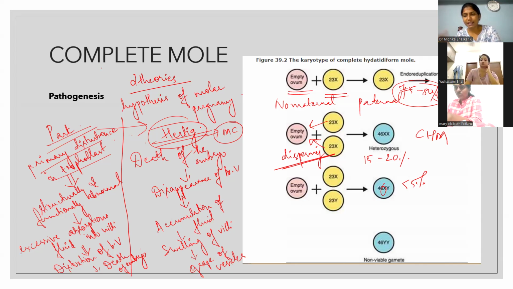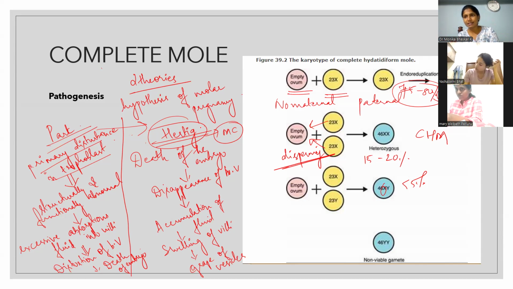But sometimes an empty ovum will be fertilized by two sperms. So there is one sperm, 23X, and a second sperm, either 23X or 23Y. So this causes a heterogeneous picture: 15 to 20% will be 46XX and around 5% will be 46XY. So here also, the complete genetic material comes from the paternal side. So there is no maternal contribution.